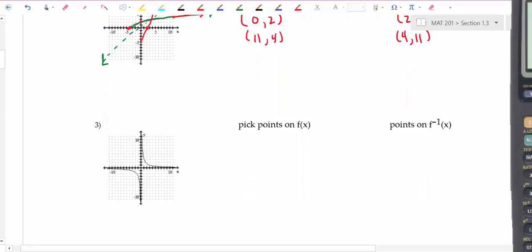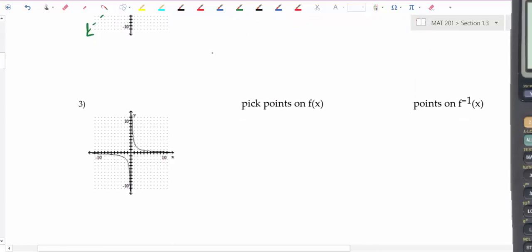One other thing that does happen sometimes is on this example 3, I'm just going to take a couple of points and estimate a few things, and I'm going to cheat a little bit. I'm going to say that point right there looks like 2, 2, and this point right here looks like negative 2.